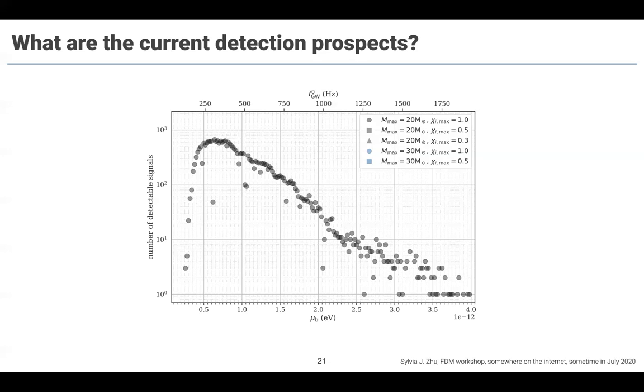So there's a range of boson masses where these signals should be fairly easily detectable. Of course, that depends greatly on what you believe about your underlying black hole population, right?